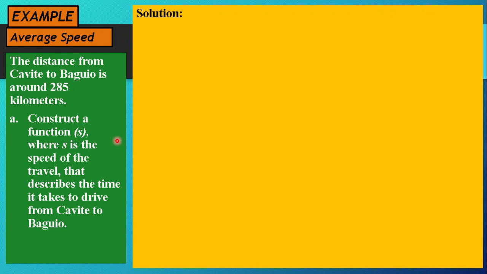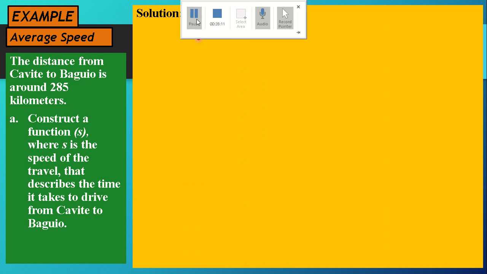So the distance, yan yung problem, construct a function S where S is the speed of the travel that describes the time it takes to drive from Cavite to Baguio.